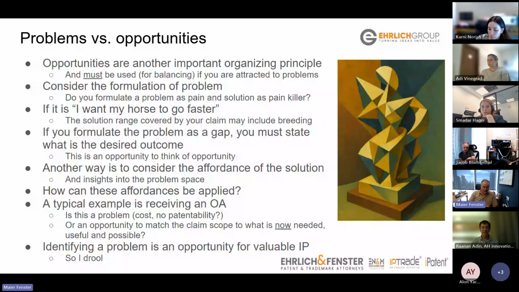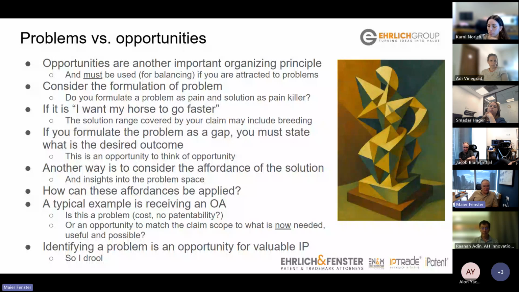Let's just talk about the classical example, which might not be true, that for a set of people had told him, if you would have asked people what they want, they would have said they want a faster horse. Well, if you come to somebody and say, I want a faster horse, we'll make better horseshoes, we'll make better whips, we're going to do selective breeding to get faster horses. We're not going to get automobiles.